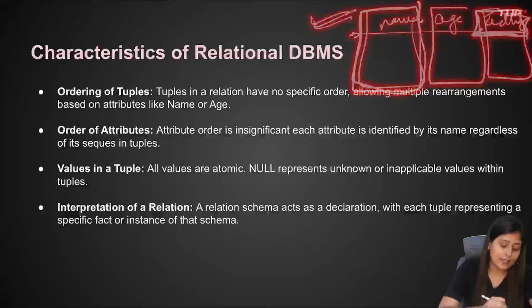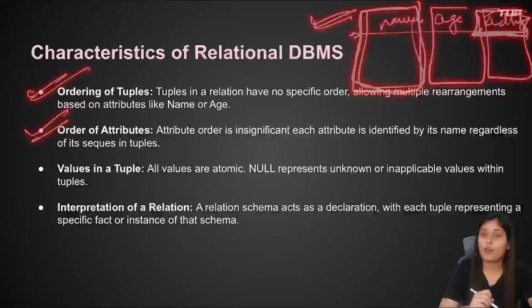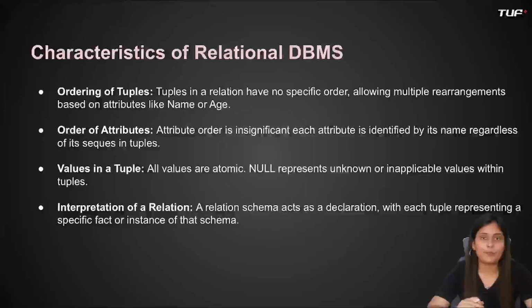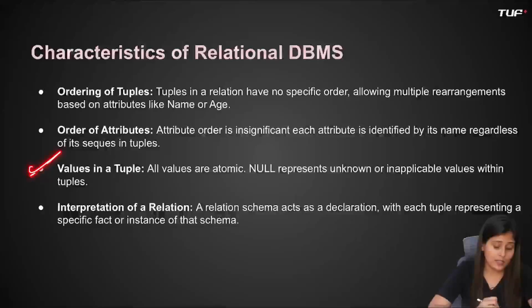So again, either for rows or for columns, we don't consider the value of arrangement. It can be arranged in any order, in any manner, and that is a characteristic of the relational database. Next is values in tuple. A tuple is basically a row.